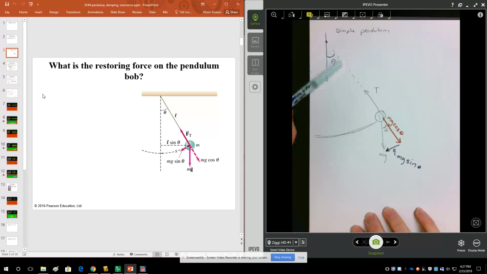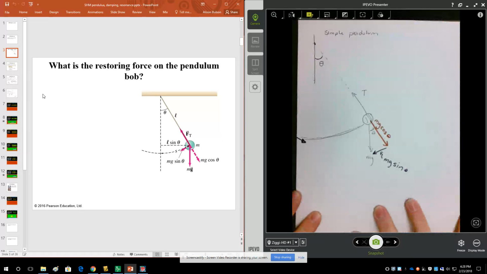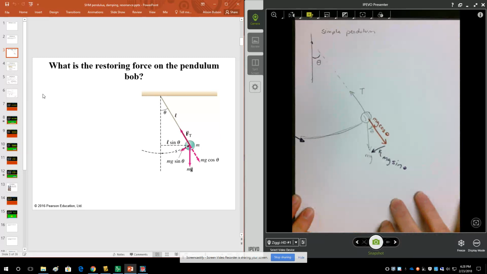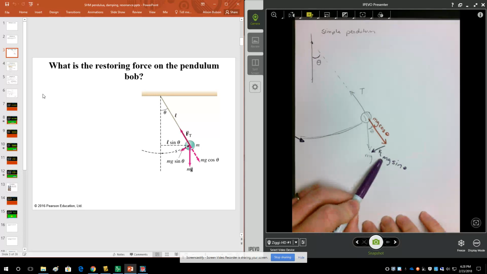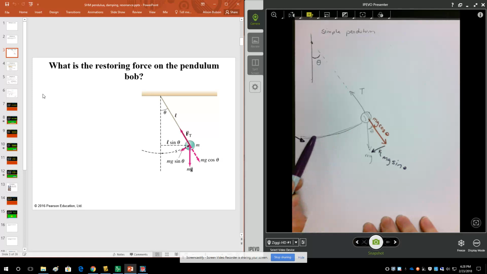And now mg sine theta points back to the right. So this is similar to our restoring force of the spring in that my mg sine theta, my tangential component of force, is always pointing back towards equilibrium. Then as I overshoot equilibrium, back towards equilibrium.